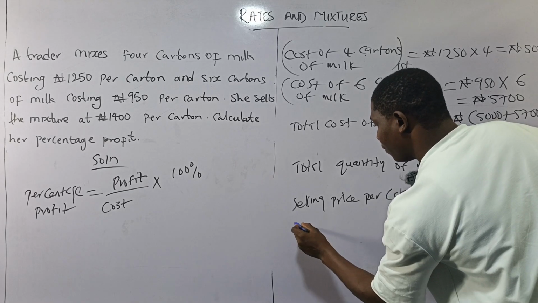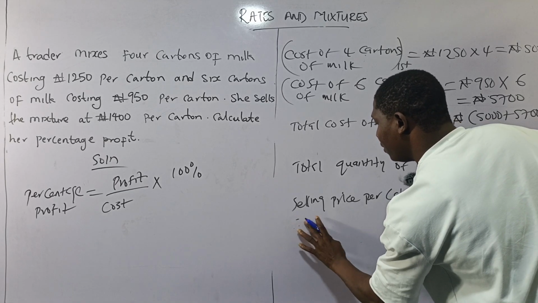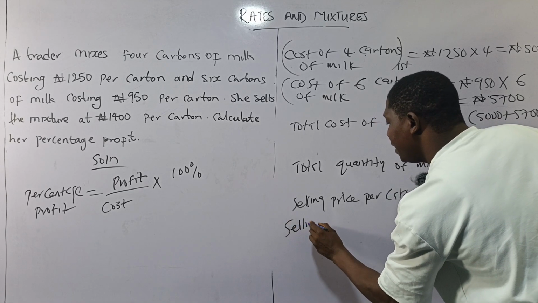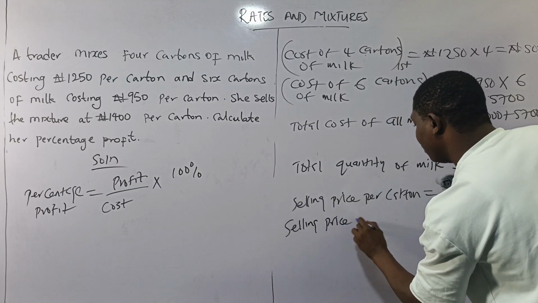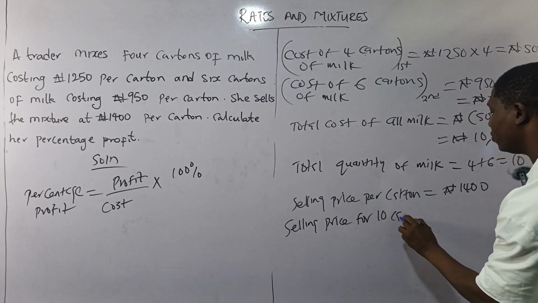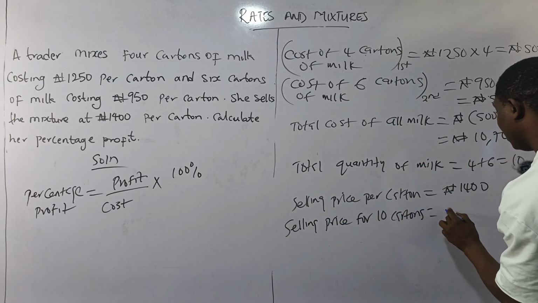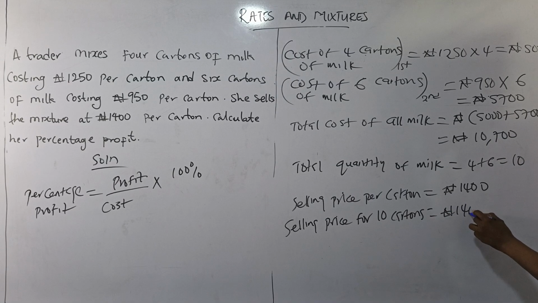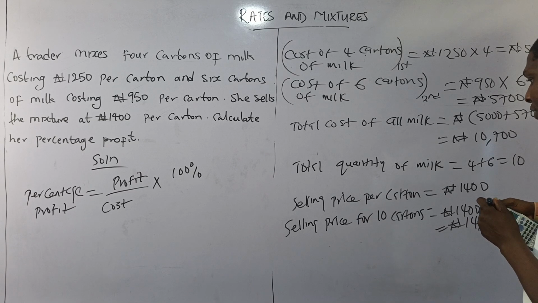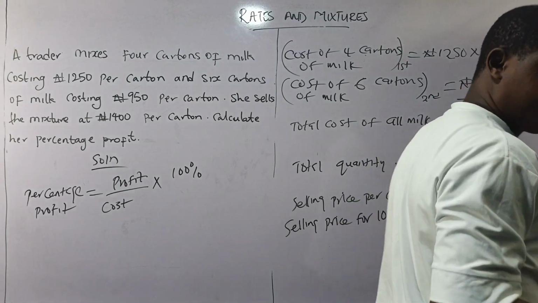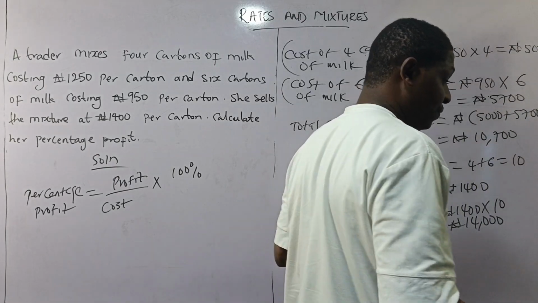Now, the selling price for 10 cartons is equal to 1,400 times 10, which will give us 14,000 naira. So we've known the selling price. Let me move the duster.